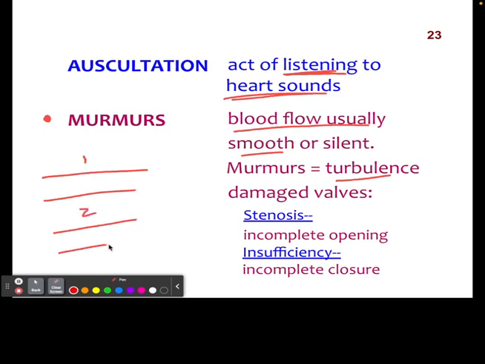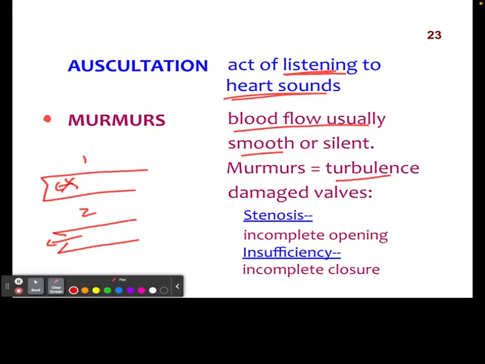Here's another picture of a blood vessel. There's valves, and if your valve closes, blood cannot go backwards. However, if your valve stays open and blood goes backward when it's not supposed to, it's going to make a swishing sound. So that's an example of why we want to listen to the heart, because you can hear different things that are going on that you may or may not want to hear.